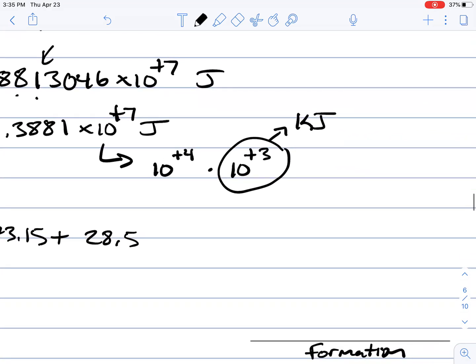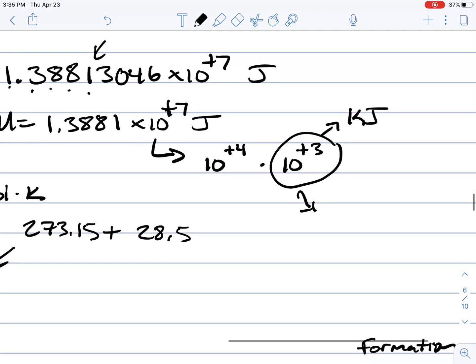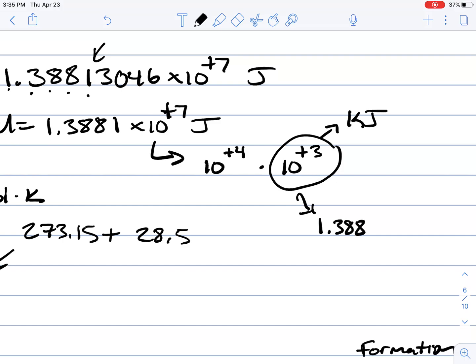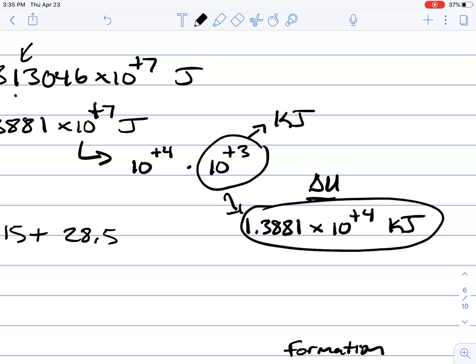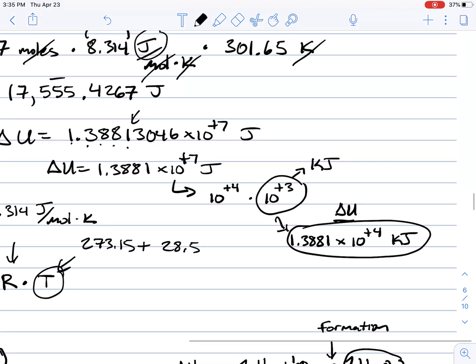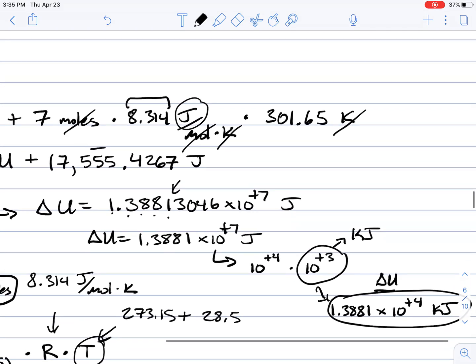And so what I get is 1.3881 times 10 to the positive 4 kilojoules. And then this would represent my change in internal energy for this reaction. So that's a huge change. It tells us that there's a lot of energy transfer being involved in that chemical reaction.